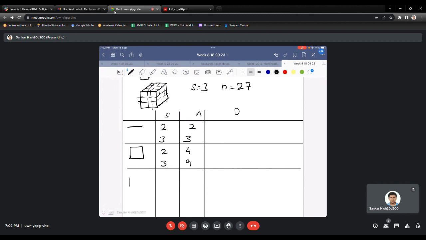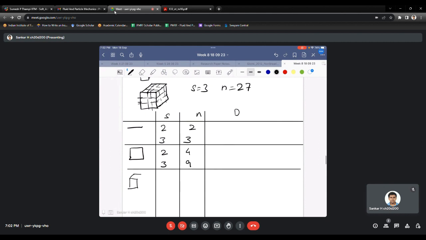If we consider the third dimension, if the scaling factor is 2, we get 8 pieces. If the scaling factor is 3, we get 27 pieces.